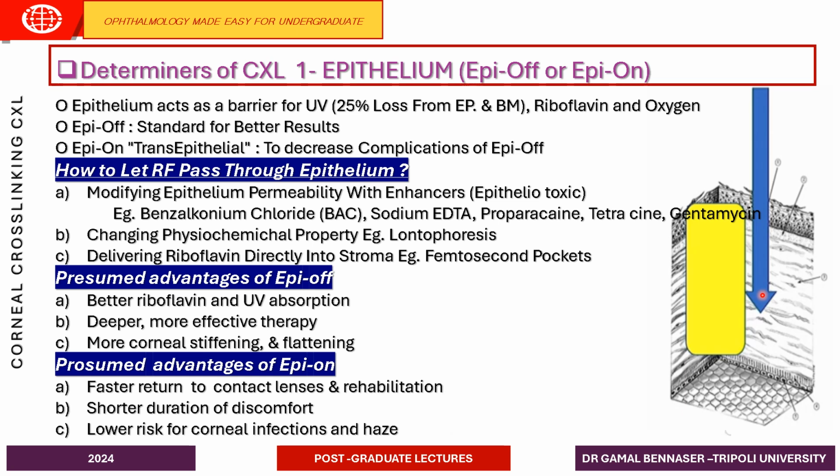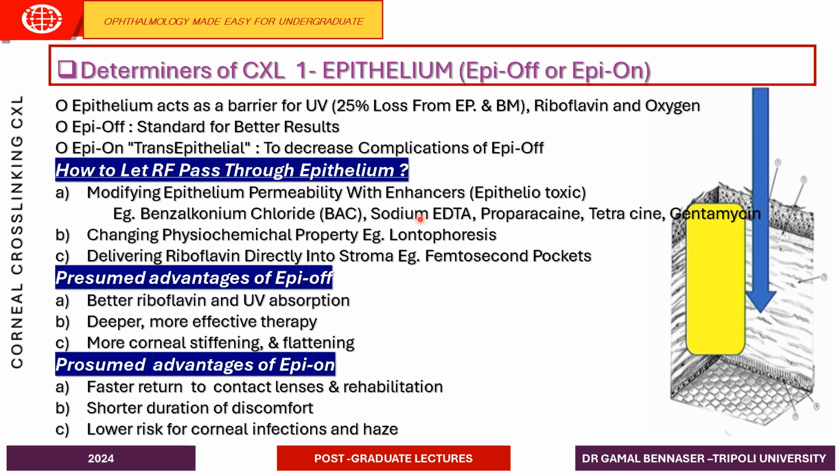As I said, many attempts were done to improve the permeability of the cornea to the riboflavin by adding certain materials to the riboflavin preparation, namely benzalkonium chloride, sodium EDTA, and trometamol, and these weaken the tight junctions between the epithelium and enhance the absorption of the riboflavin.